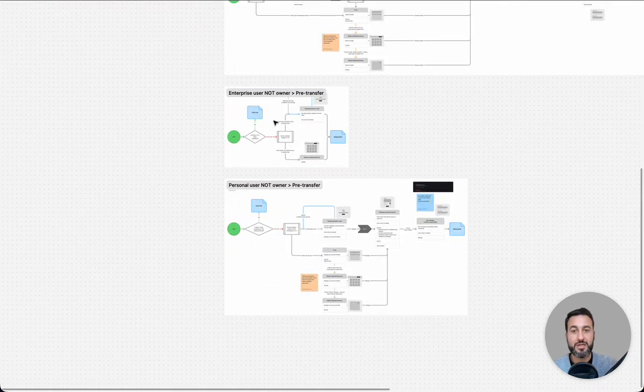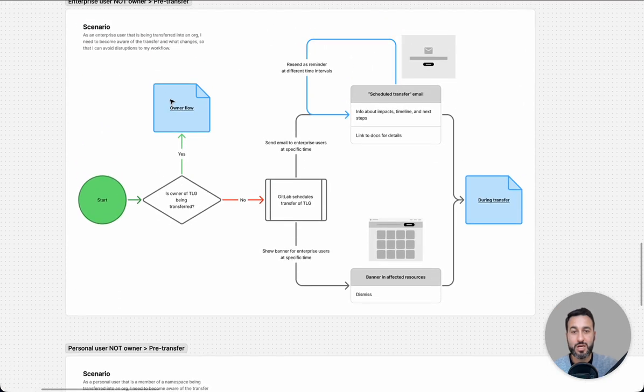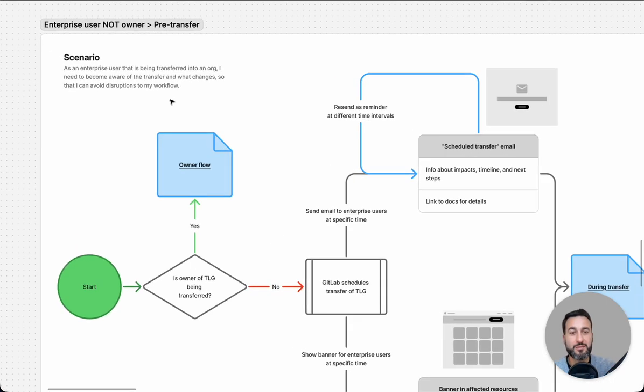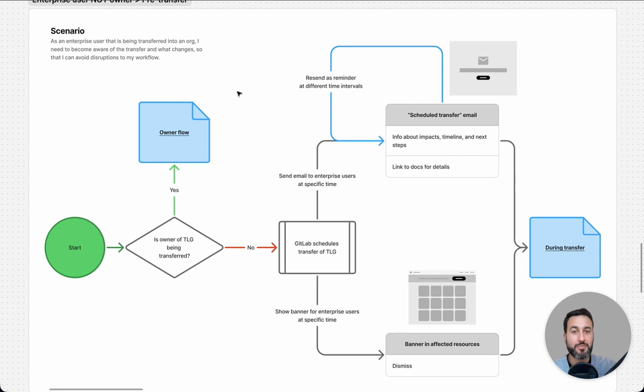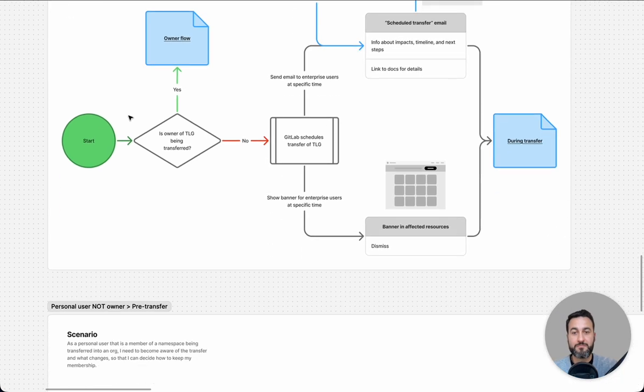Similarly, we have the user flows for enterprise users and personal users, which essentially is in the case that they're not owners. What they get is an email notifying them that a namespace they are a member of will be transferred, and what do they want to do about their user account. For enterprise users, there's nothing they can do because their account will be transferred automatically for the namespaces that they're a member of.